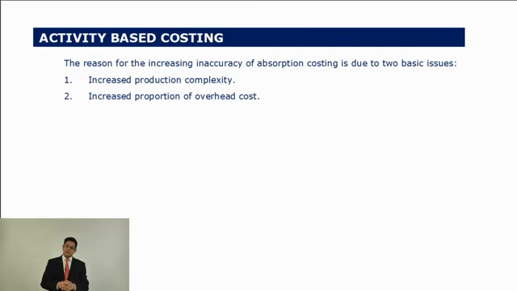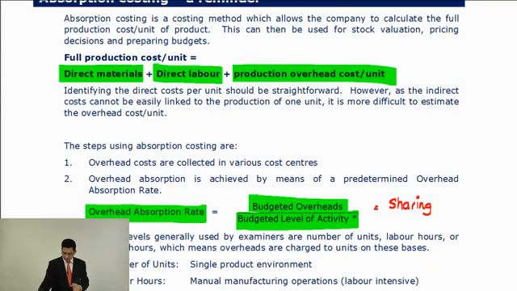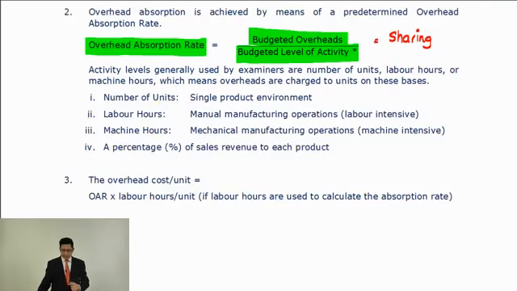Why not? Simply because if I take you back to the formula, budgeted overheads divided by budgeted level of activity. Overhead is a sum of various indirect costs like rent, rates, electricity, power, heating, lighting, insurance, maintenance, cafeteria and canteen, safety and security, etc. What is the relationship between overheads and the labor hours?